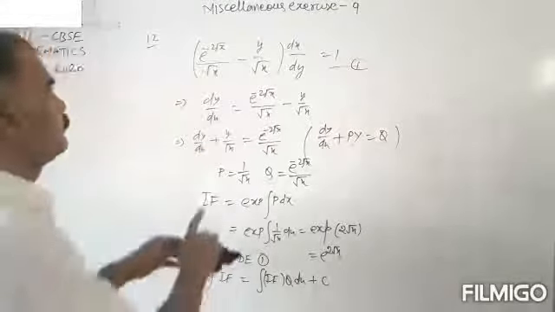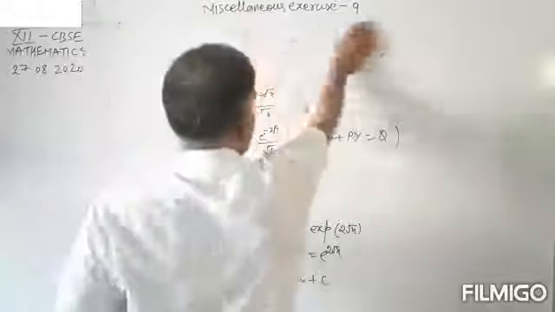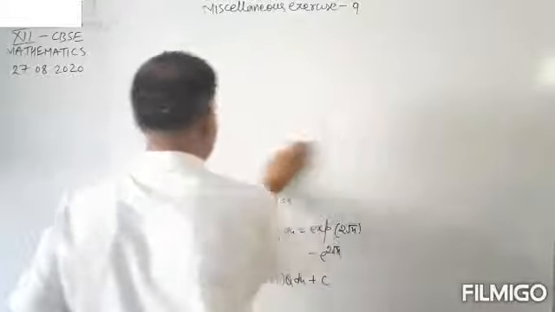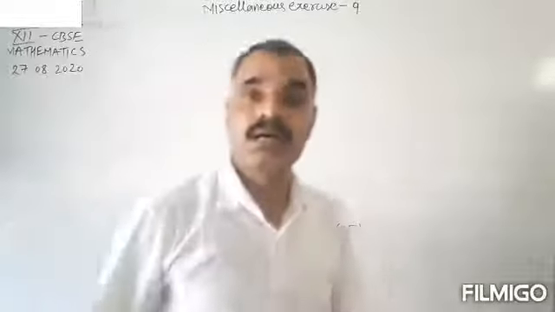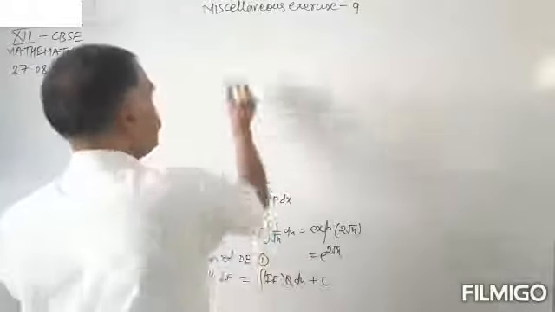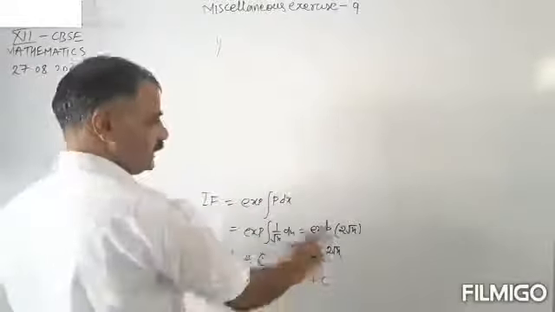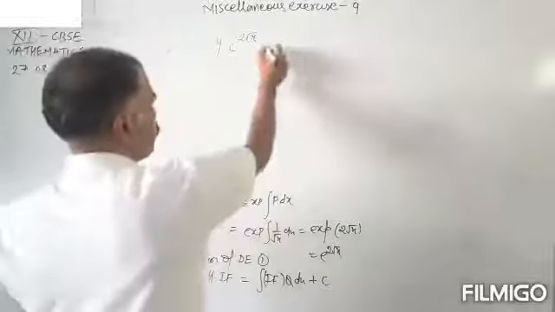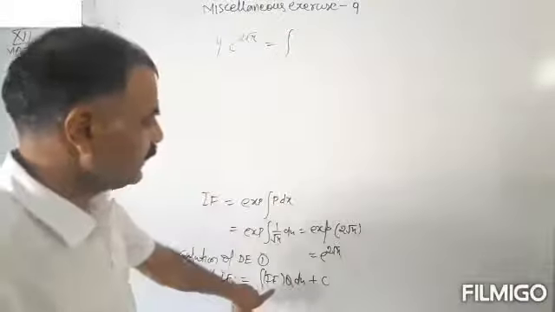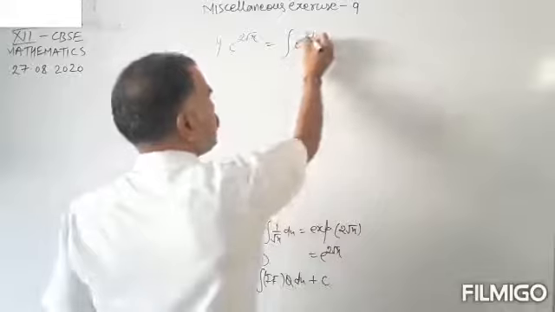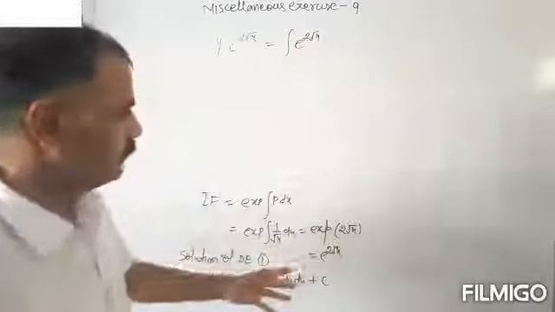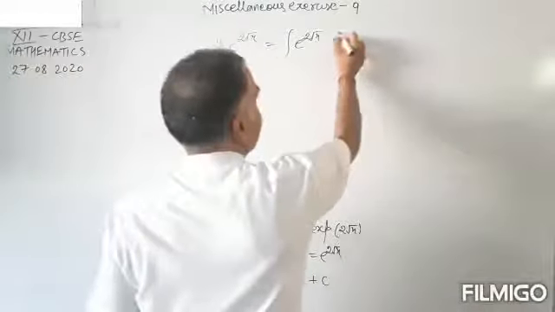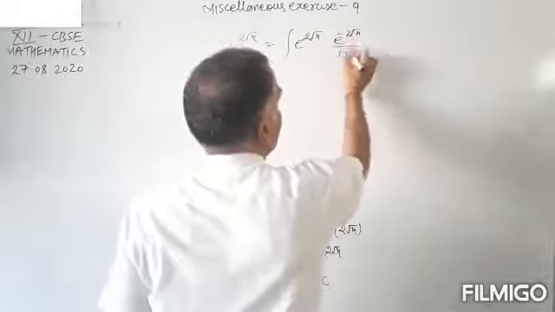So the solution is y into e to the power 2 under root x is equal to the integration of e to the power 2 under root x multiplied by q, and q is e to the power minus 2 under root x upon under root x.